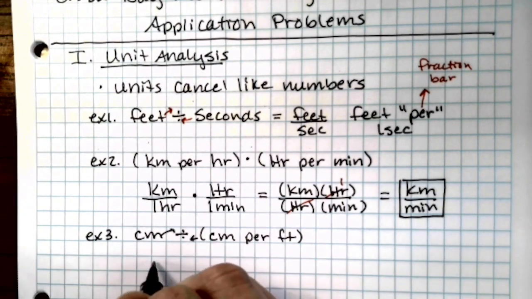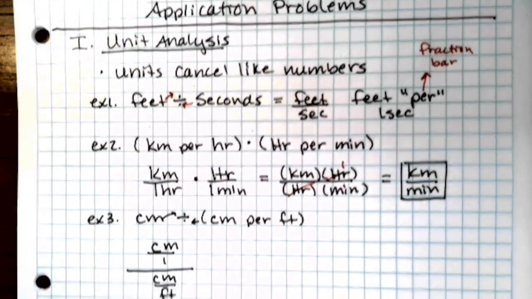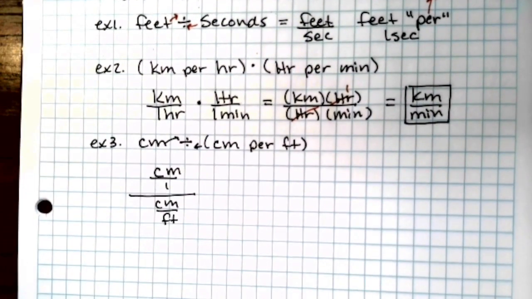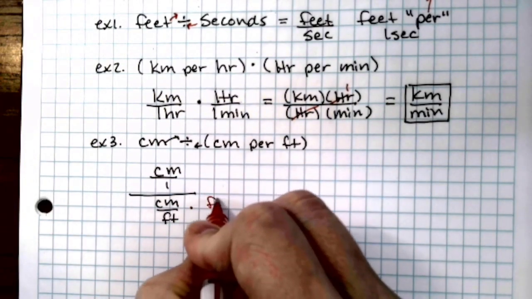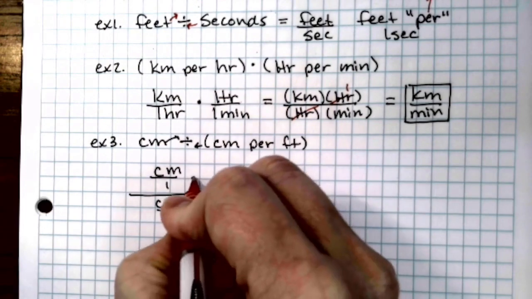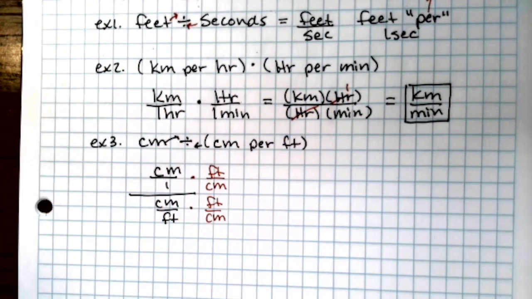On the top, you're going to have centimeters over 1 divided by, on the bottom, centimeters per foot. Now we've done these as well, stacked fractions. To simplify stacked units like this, you need to multiply the bottom by its reciprocal, which is feet over centimeters. That tells you to multiply the top by the same thing, feet over centimeters.